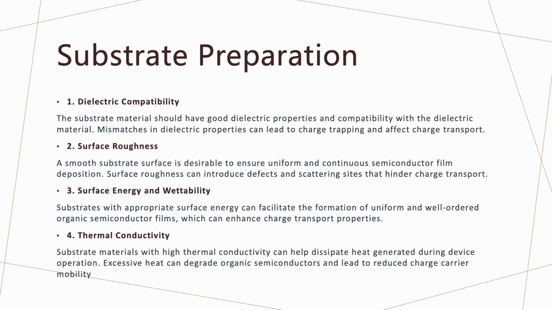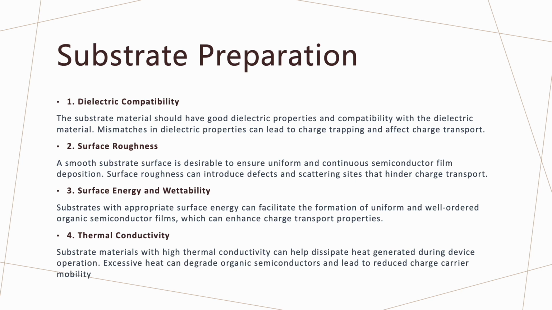The substrate material should have good dielectric properties and compatibility with the dielectric material. Mismatches in dielectric properties can lead to charge trapping and affect charge transport. A smooth substrate surface is desirable to ensure uniform and continuous semiconductor film deposition. Surface roughness can introduce defects and scattering sites that hinder charge transport.